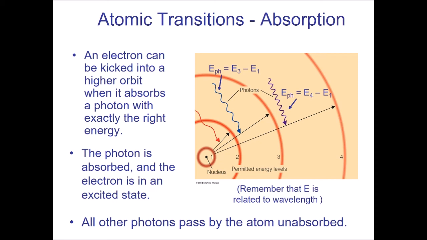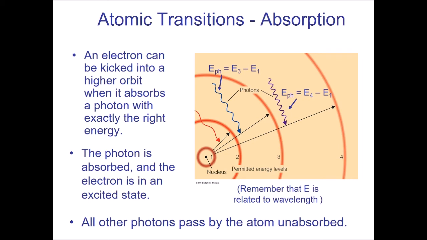Same thing with the electrons. The photons that it absorbs have to correspond to exactly the right amount of energy between the two levels. If a photon doesn't have enough energy, it won't interact with the electron. If it has too much energy, it's not like the electron could take some of it and leave some behind. That doesn't happen. It has to have the exact right amount of energy to make that jump.